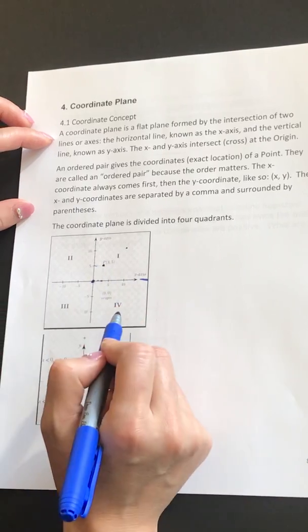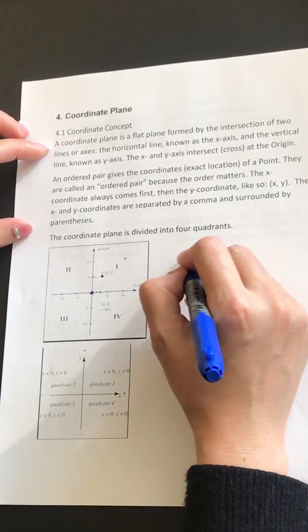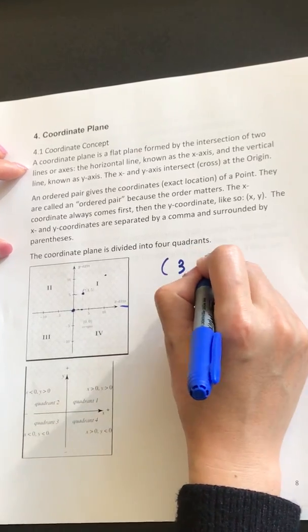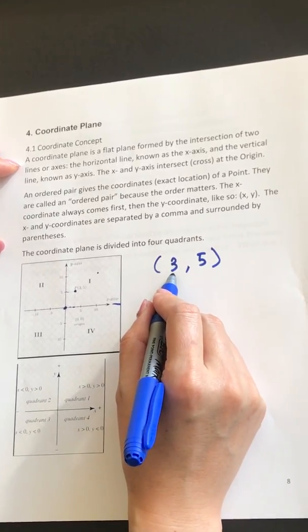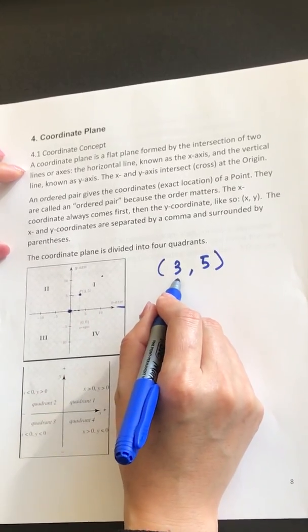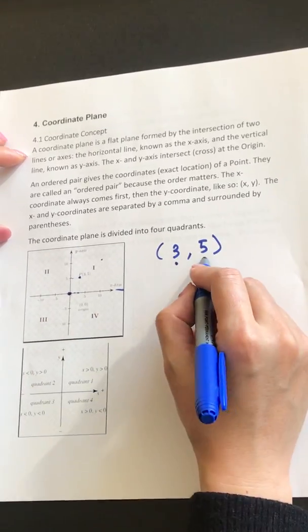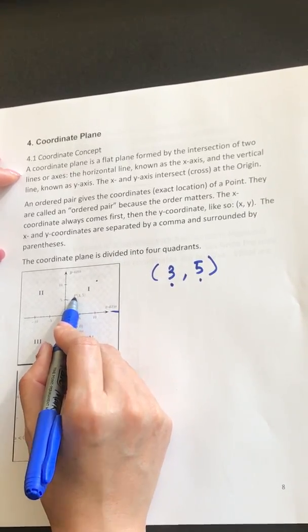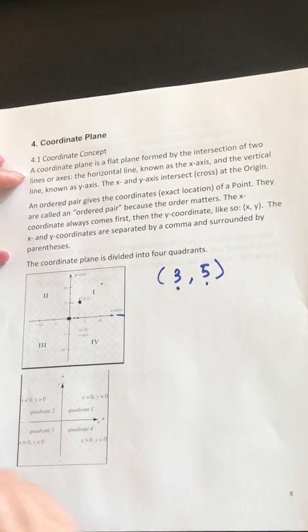So that's your location. We put it in brackets with 2 numbers, 3 and 5. The x-axis, the horizontal location, always goes first, and the vertical position goes second. So P(3, 5) is exactly the location for point P.